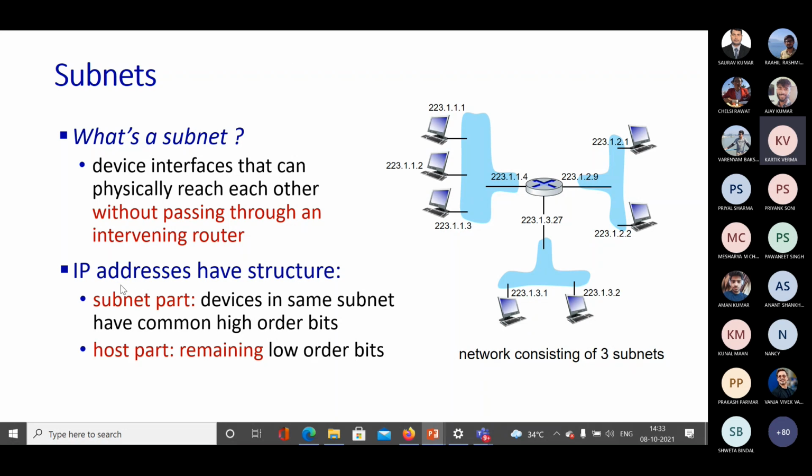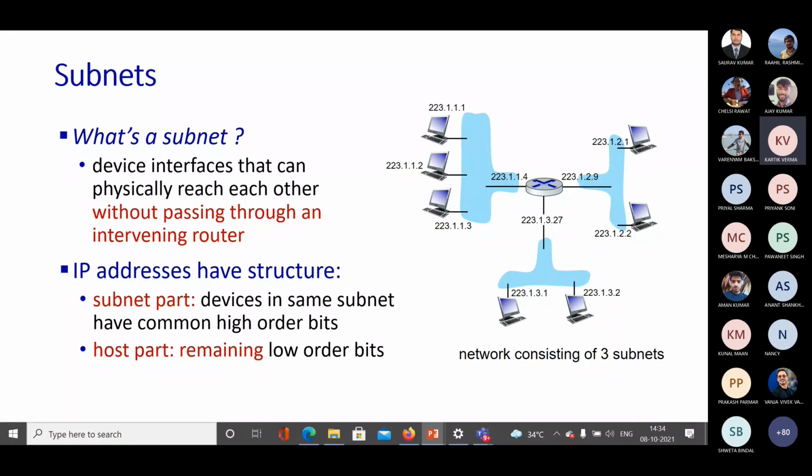The subnet part of the IP address helps determine the main cluster you have to look for if you want to find the destination host. So IP addresses have two parts: the subnet part and the host part.